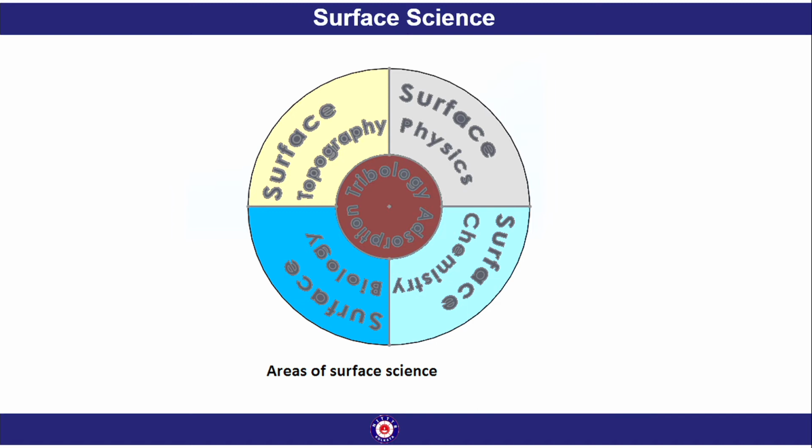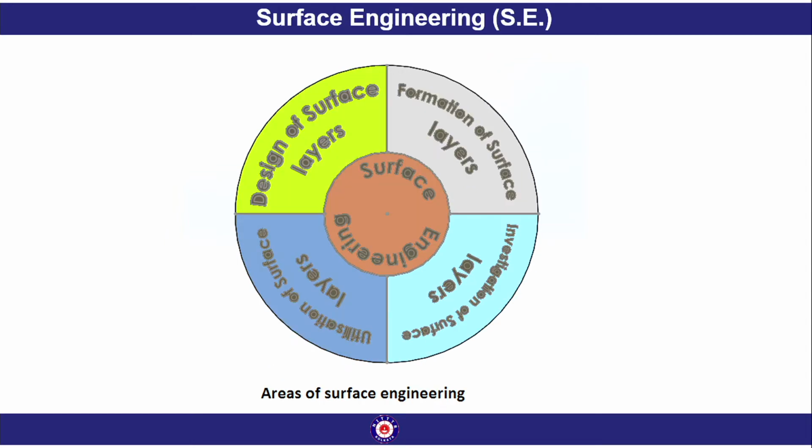Surface science constitutes surface topography, surface physics, surface chemistry and surface biology. And the areas of surface engineering are design of surface layers, formation of surface layers, investigation of surface layers and utilization of surface layers.